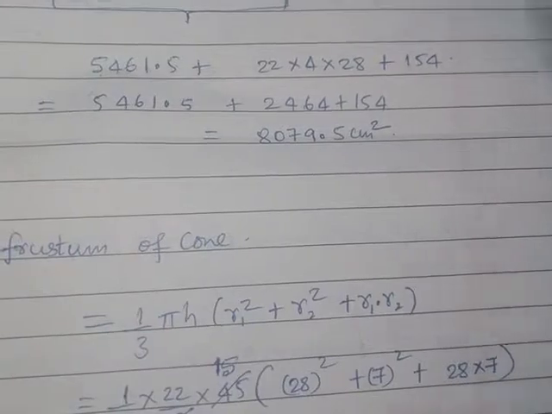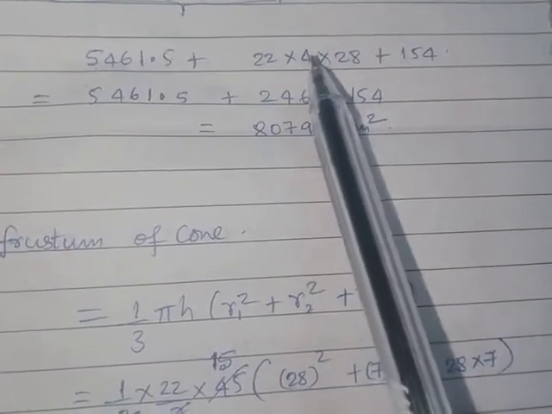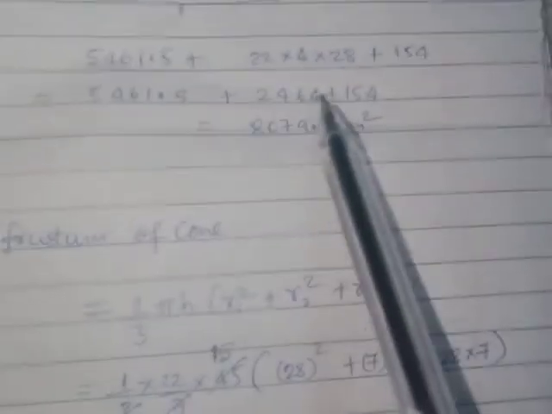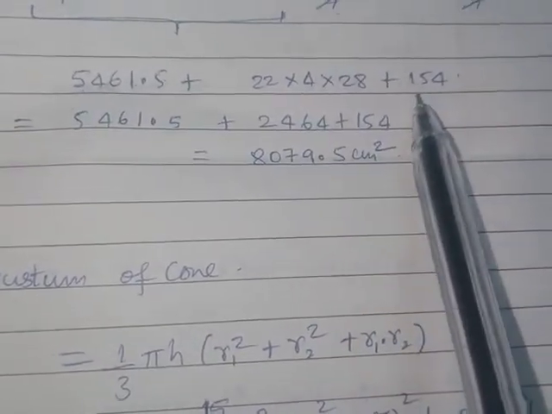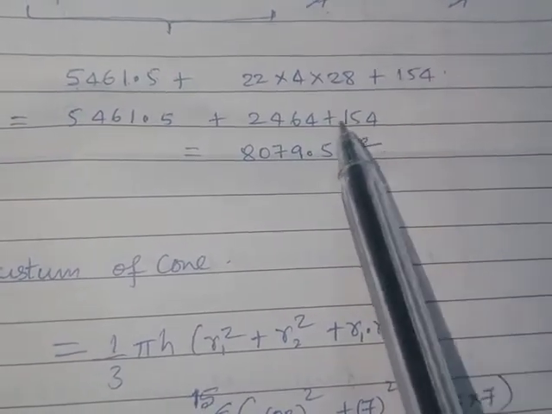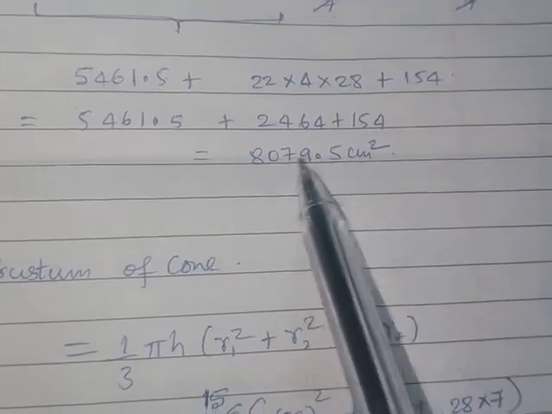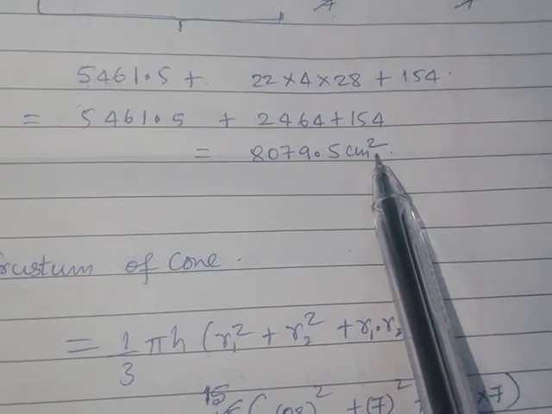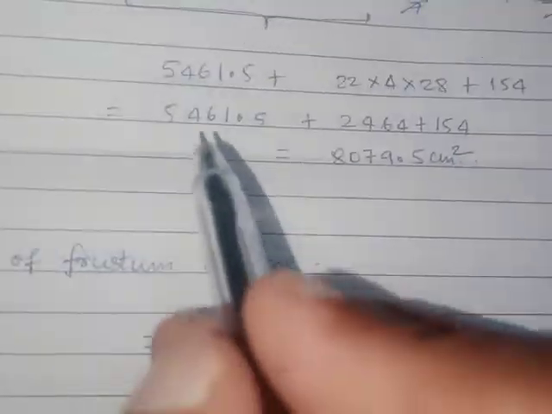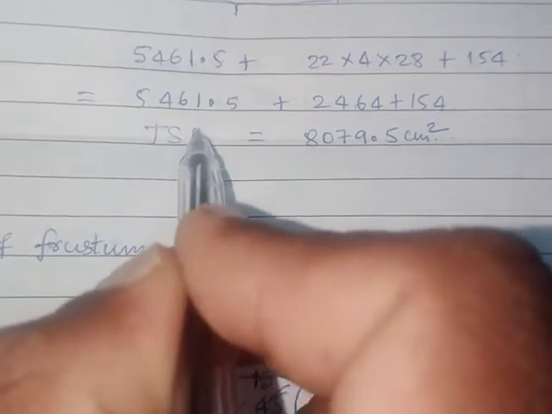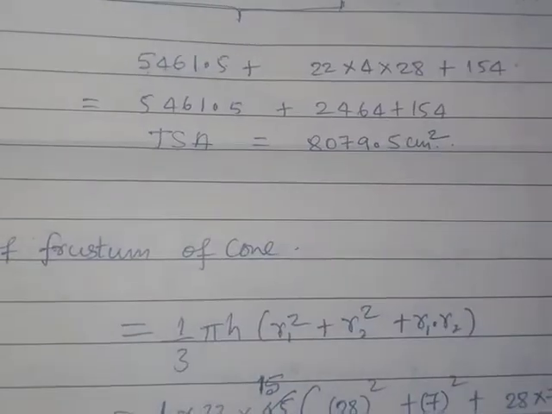Now if you multiply 22 into 4 into 28, we will get 2464, plus this 154. If we add all the three things, we will get 8079.5 centimeter square. This is the total surface area of the frustum of cone.